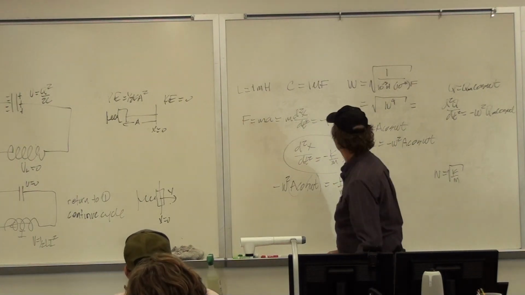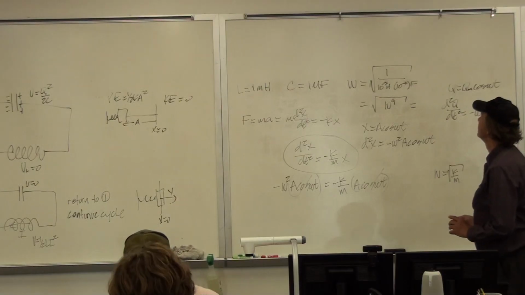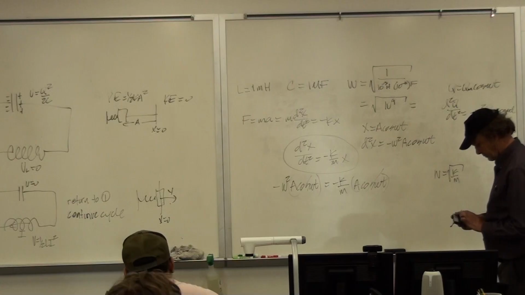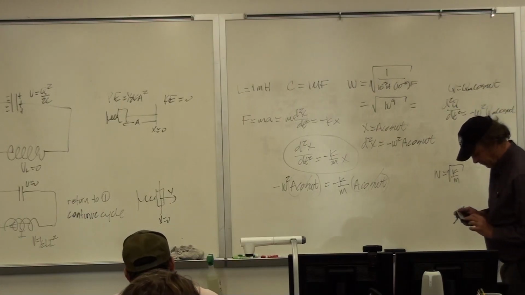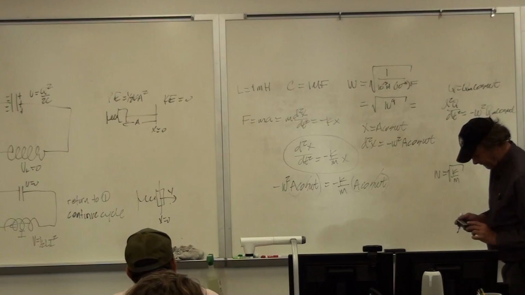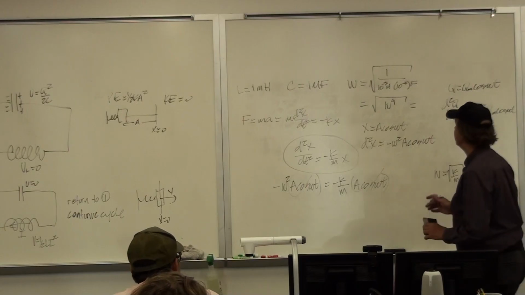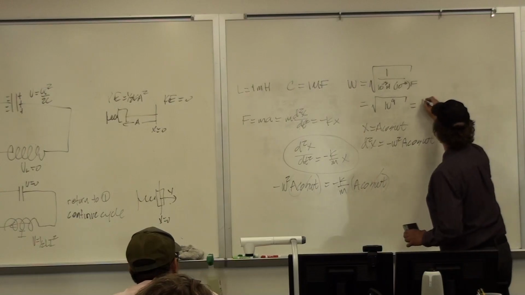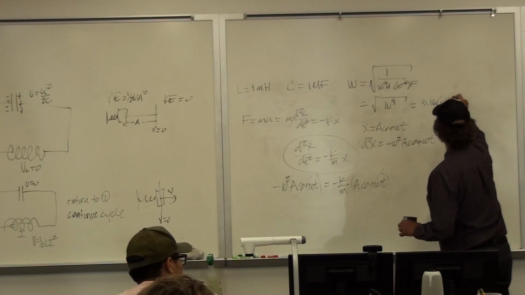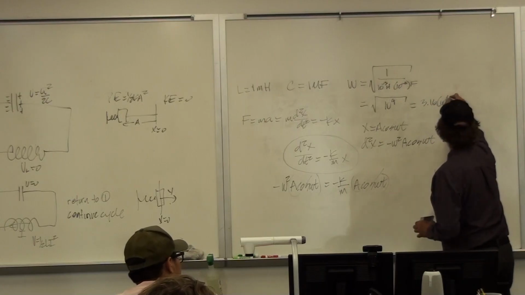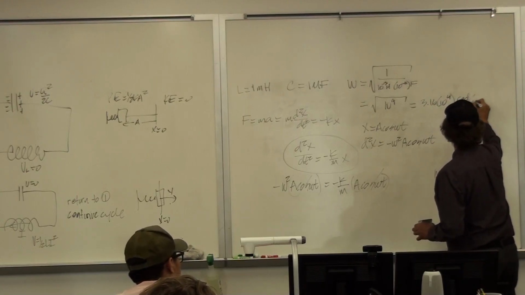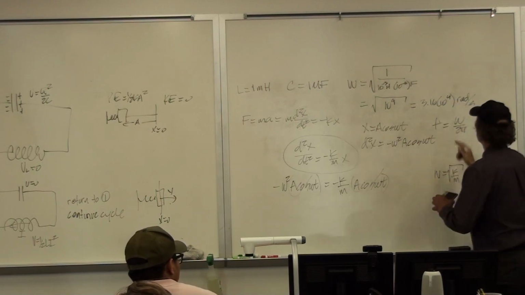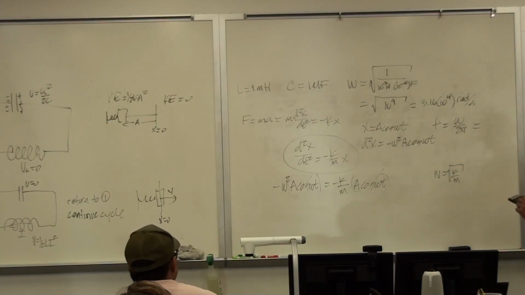The square root of a billion is, sorry, that's going to be 3.16 times 10 to the 4 radians per second. Our frequency would be omega over 2 pi, which would be this divided by 2 pi.